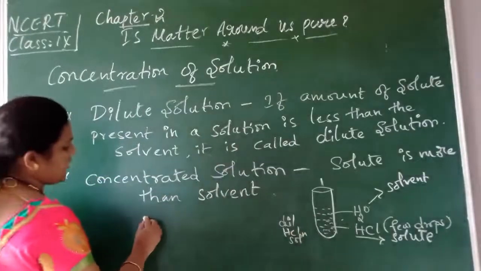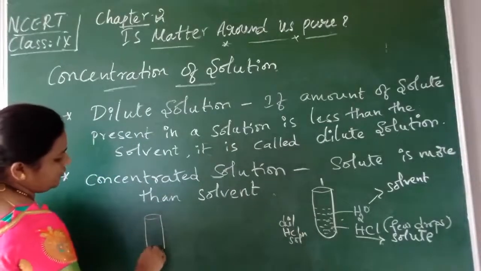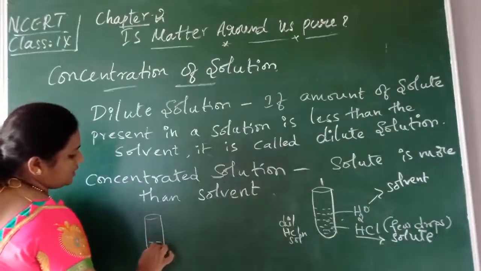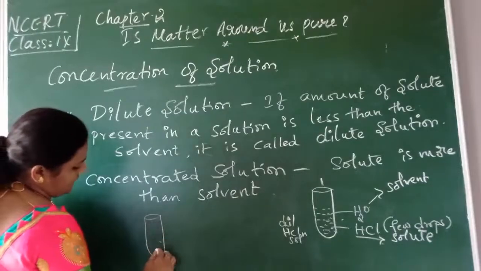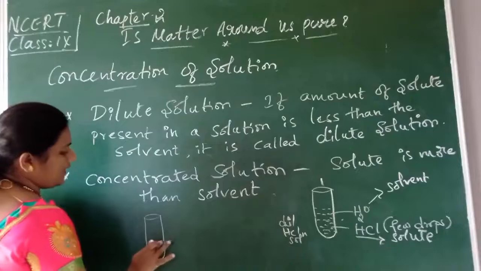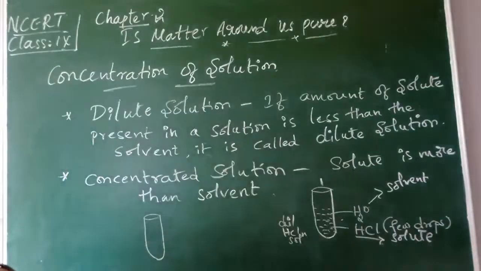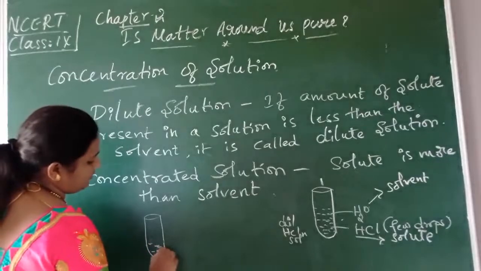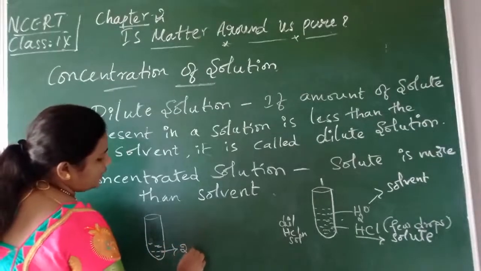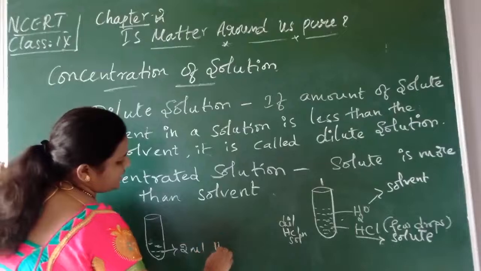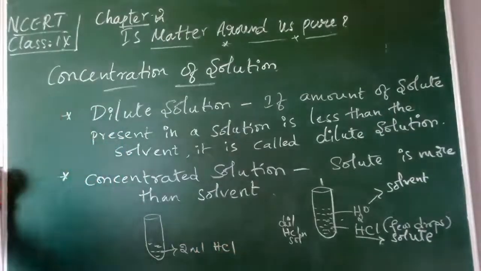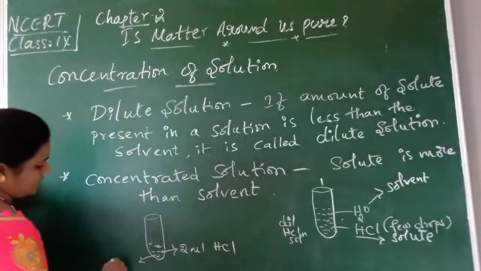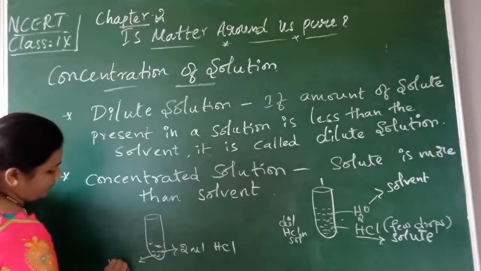Suppose for the same test tube, we take more HCl, nearly 5 ml or 2 ml of HCl, we are adding 2 ml of HCl. Suppose we add only a few drops of water.